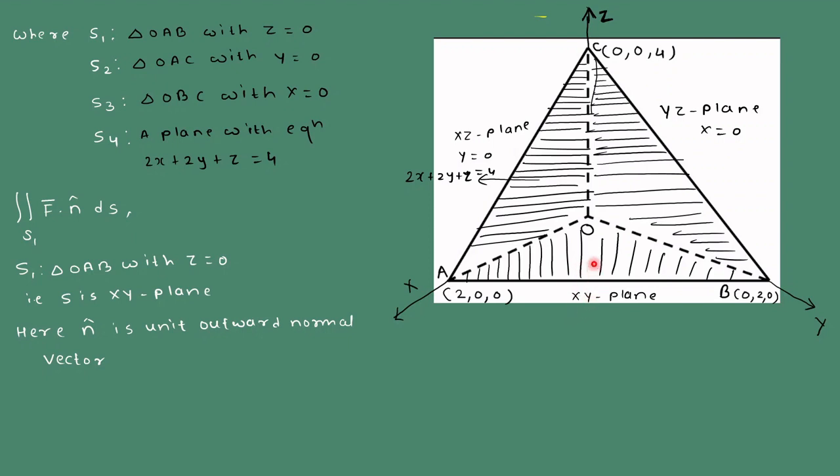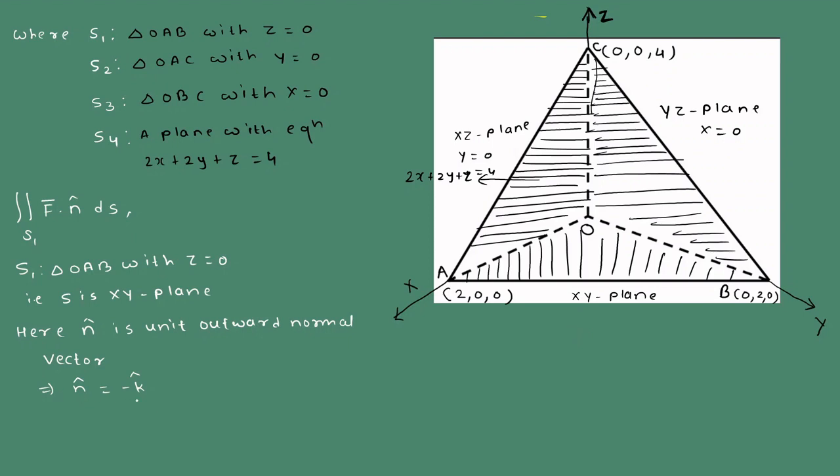That means the outward unit normal vector is minus k cap. So n cap equals minus k cap, since the xy plane has normal vector k cap, but we have to take the outward normal vector, in the negative direction.